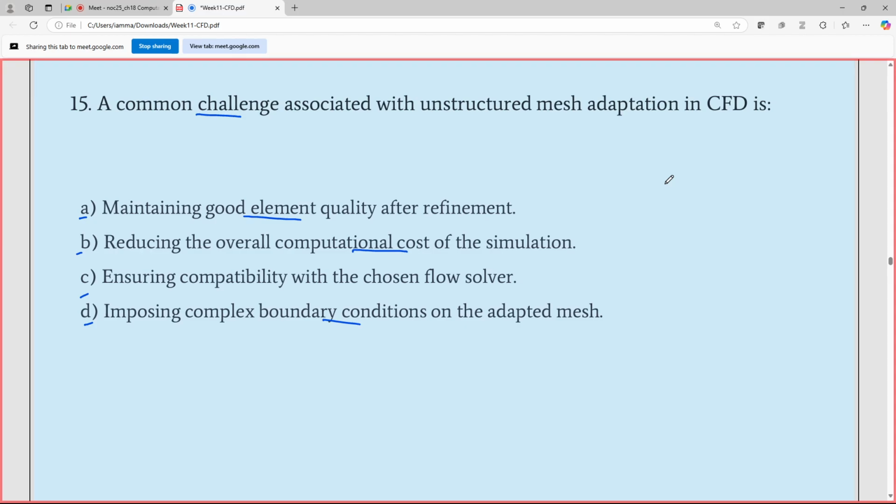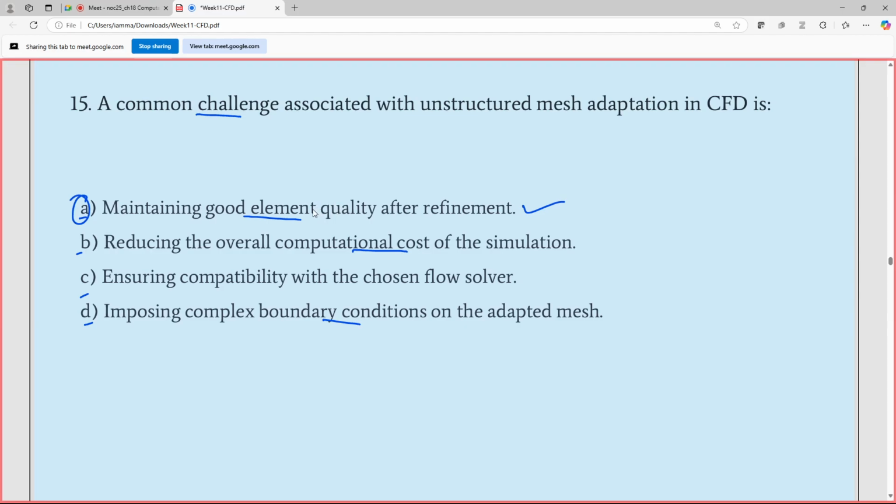The answer is option A, that is maintaining good element quality after refinement. We have just discussed in the previous question that even though mesh generation will be easier when we opt for unstructured mesh adaptation, maintaining good element quality or mesh quality will be difficult.